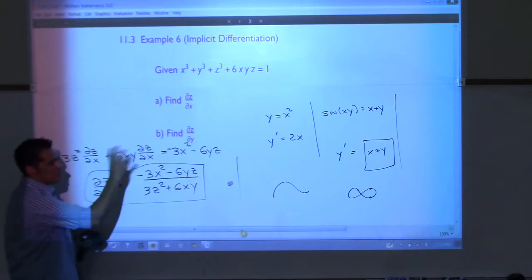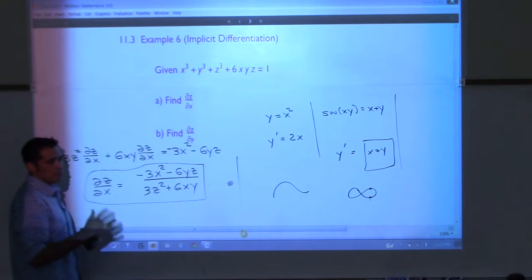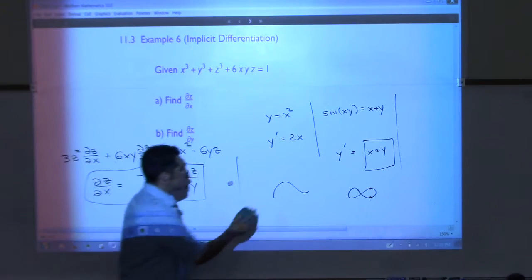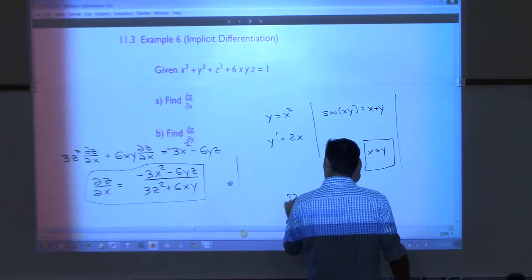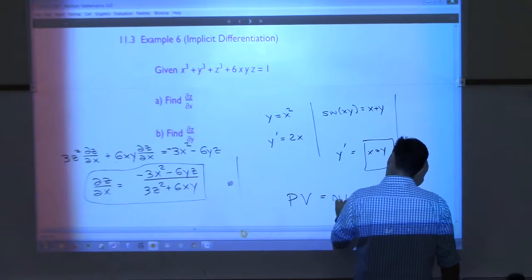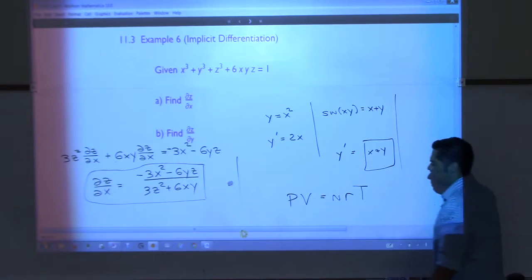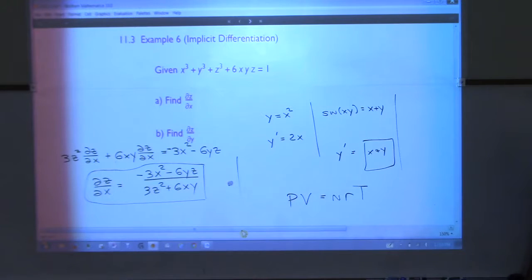let's say that you have an equation that involves three variables, okay? Let's do this one. Anybody ever seen that before? Chemistry? Ideal gas law? Yeah.